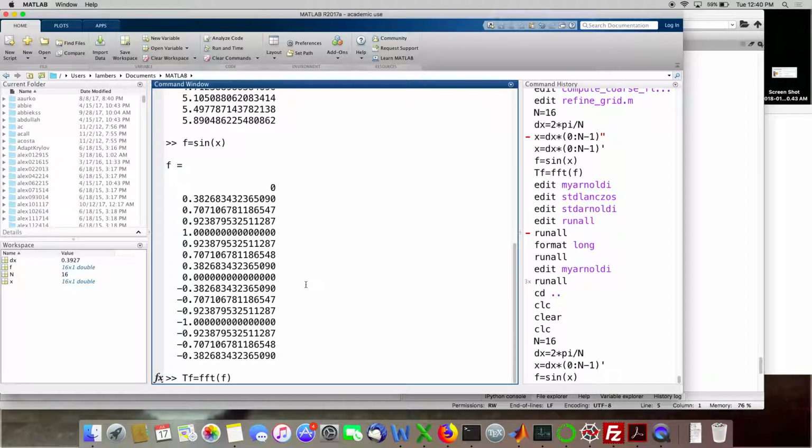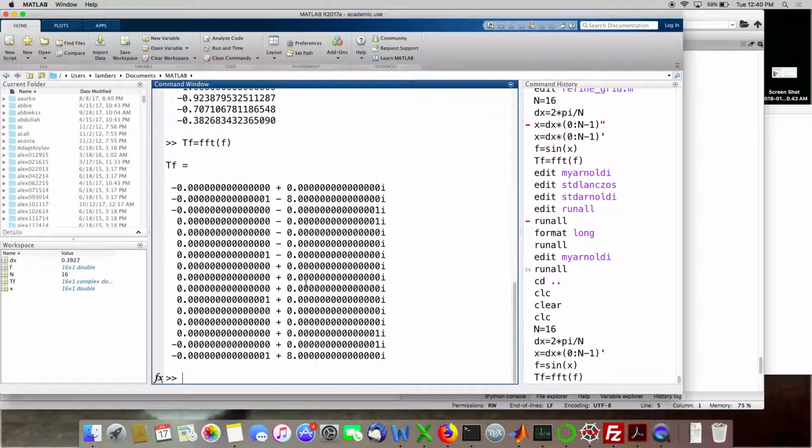If I use its FFT, again, complex, and sure enough, we have a minus 8i down here, and then a plus 8i over here. So MATLAB's and Python's FFT are doing the same thing, so that's nice.